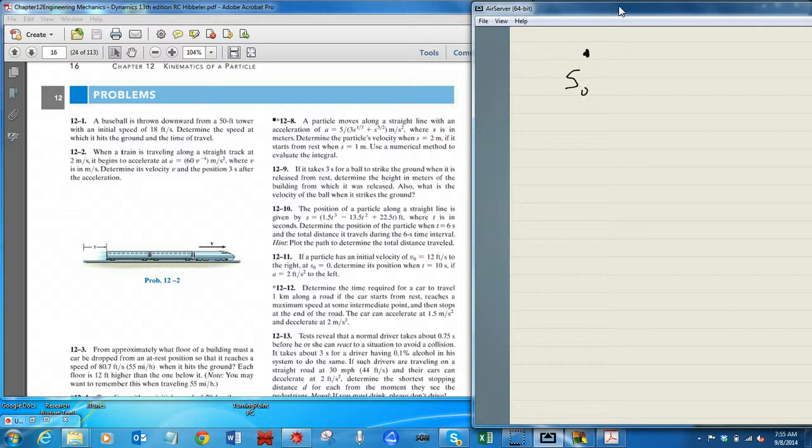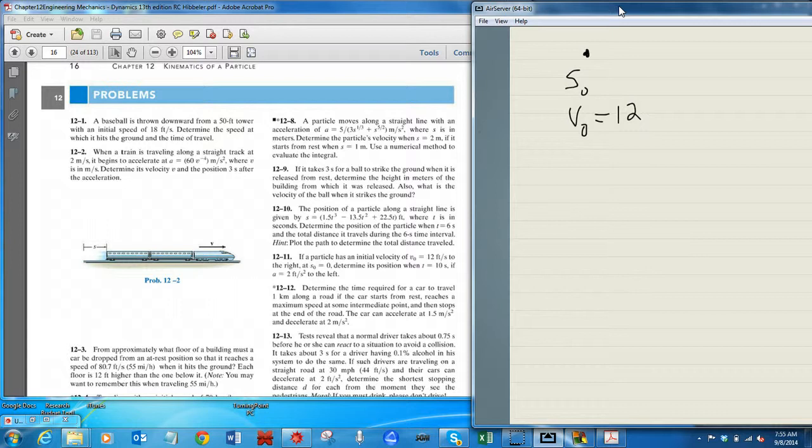That's your origin, right? The particle's initial velocity is v0 equals 12, and it's to the right, so we'll give it positive. Determine the position when t equals 10 if a is 2 to the left.